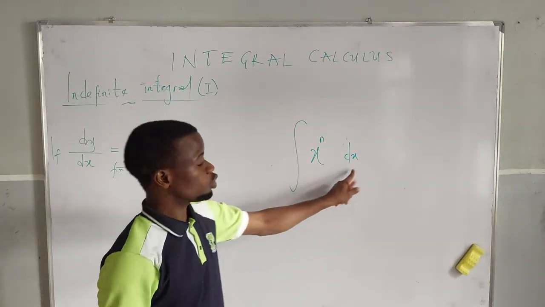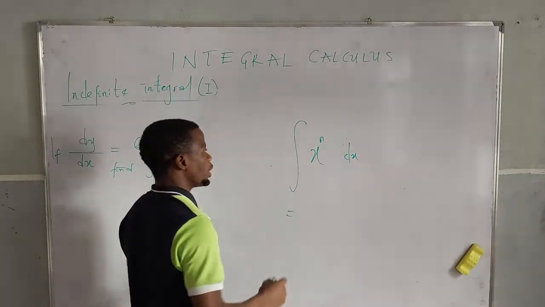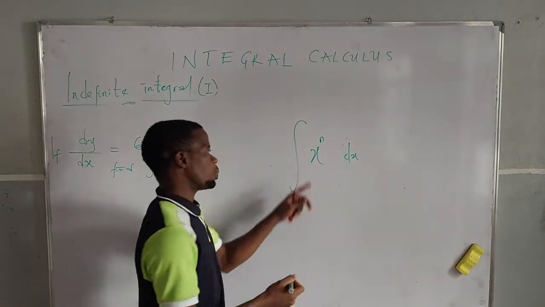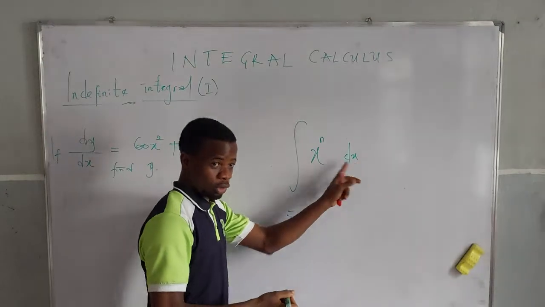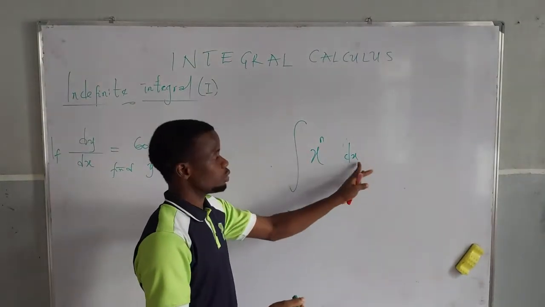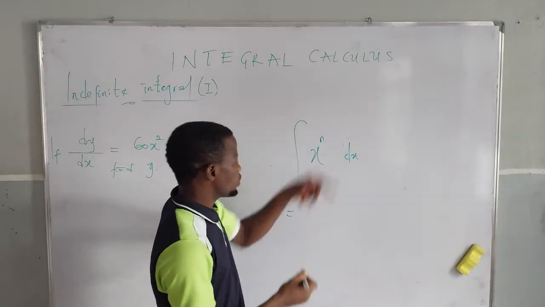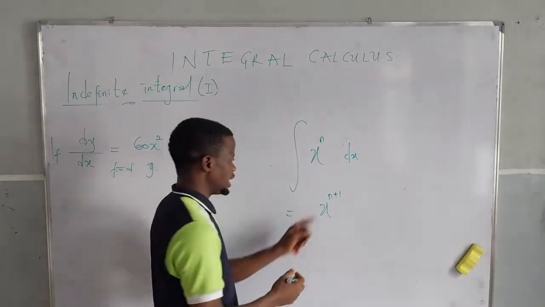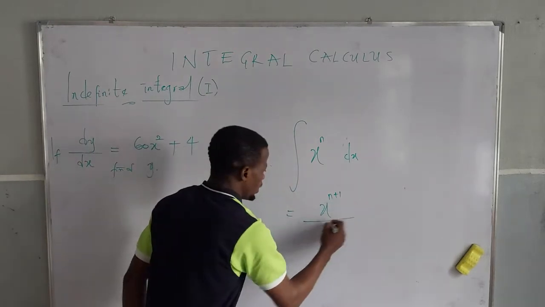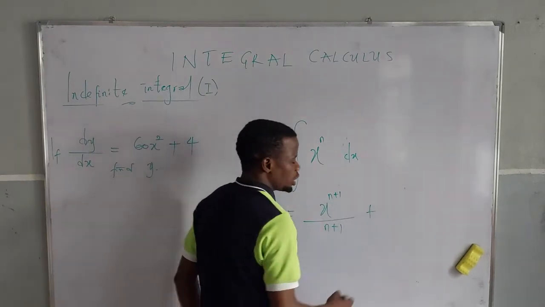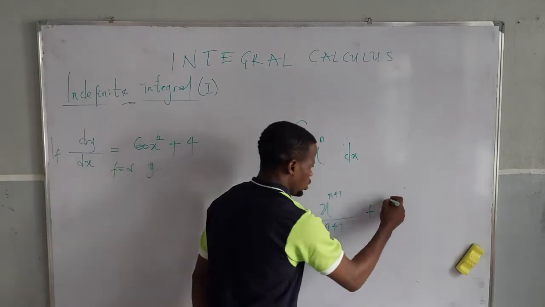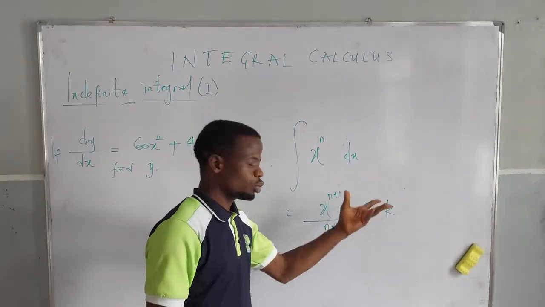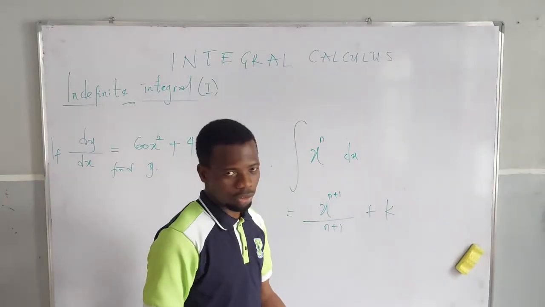Once we integrate it with respect to x, we increase the power of the variable by 1, so we have x raised to the power n plus 1, divided by the new power, plus a constant, which can be c or k. Those constants are called dummy constants.